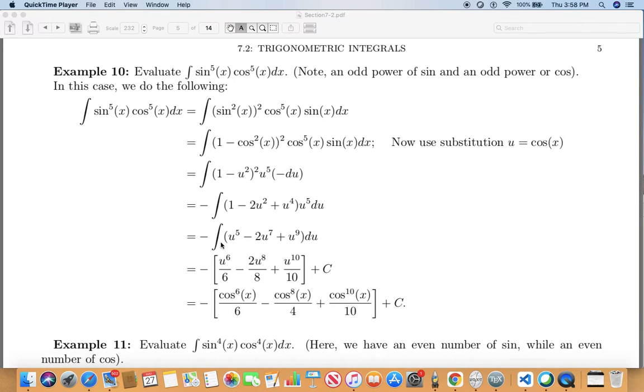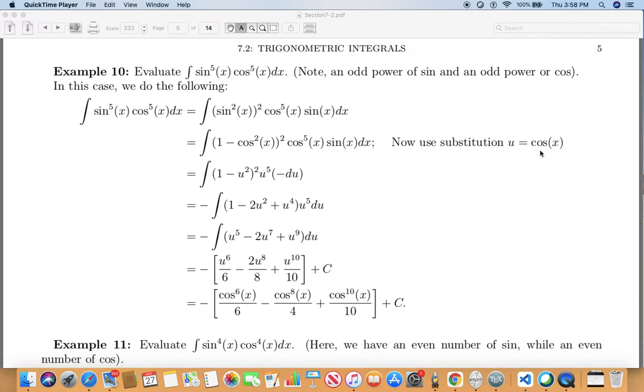Now, negative integral of u to the power 5 is u to the power 6 over 6, minus 2 integral of u to the 7 is u to the power 8 over 8, plus integral of u to the 9th power is u to the 10th power over 10, plus a constant of integration, negative outside.